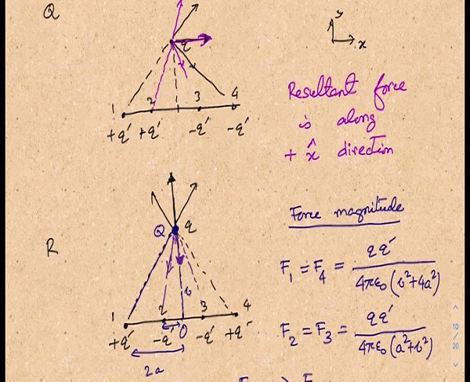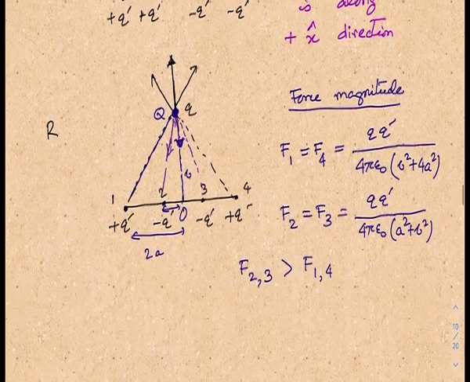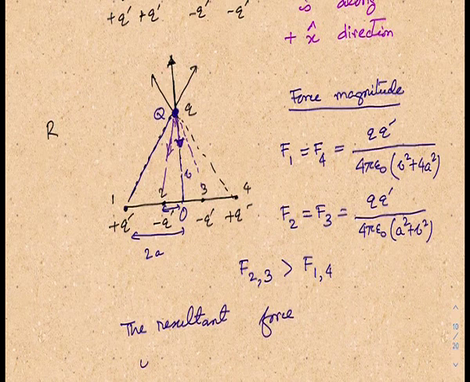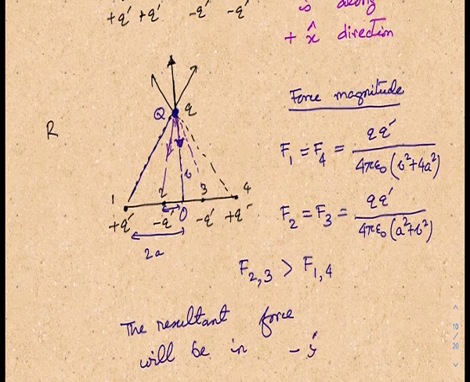So the downward force, which is due to 2 and 3, would be greater. Therefore in this case the resultant force will be in the negative y direction.